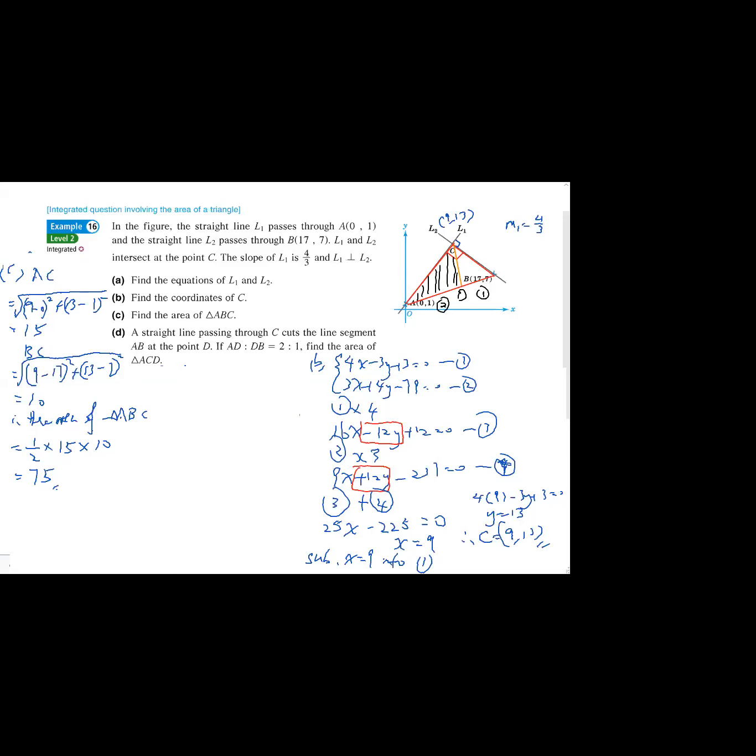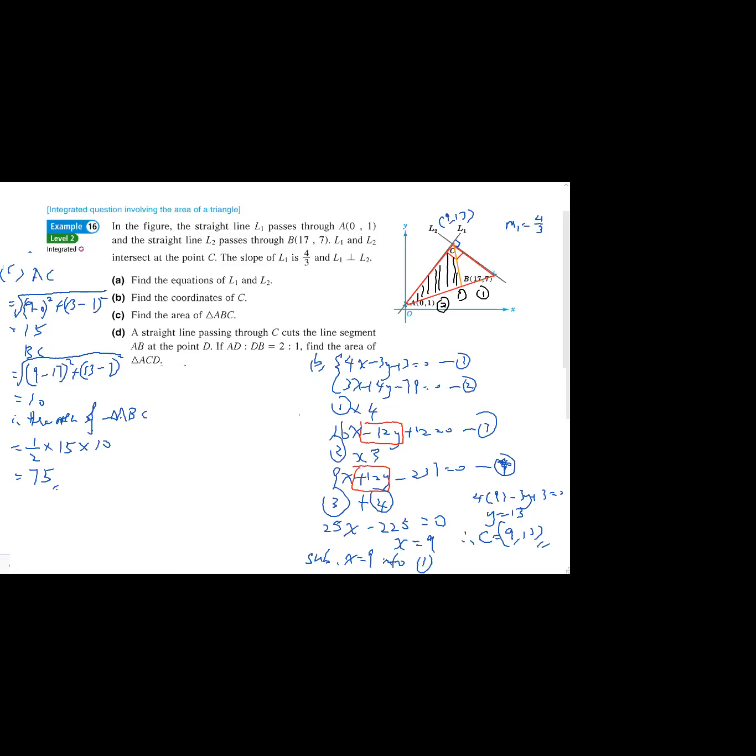Triangle ACD and triangle BCD share the third point, the same height.